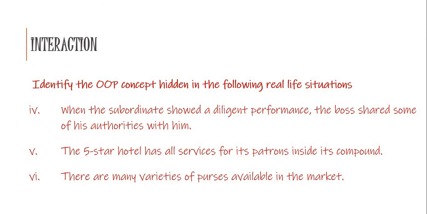The boss shared some of his authorities, not all the authorities, and the subordinate is therefore inheriting the given properties of the boss. So this is inheritance. Then: the 5-star hotel has all services for its patrons inside its compound. Pause the video. And the answer is also easy.